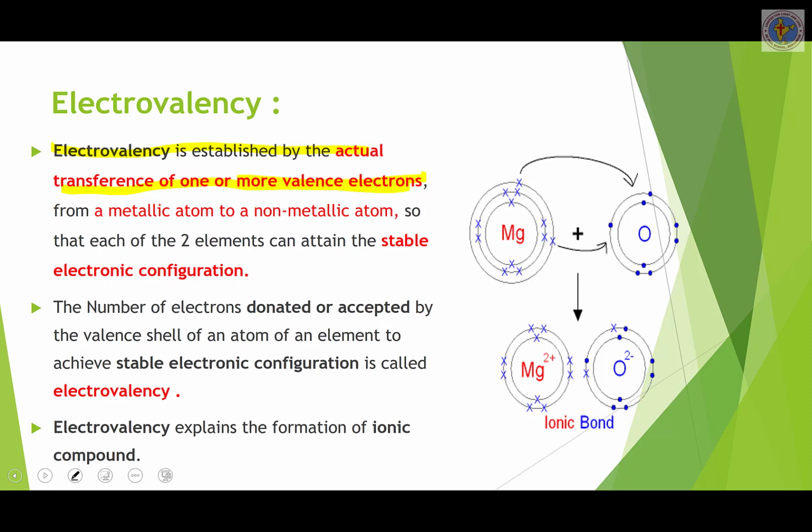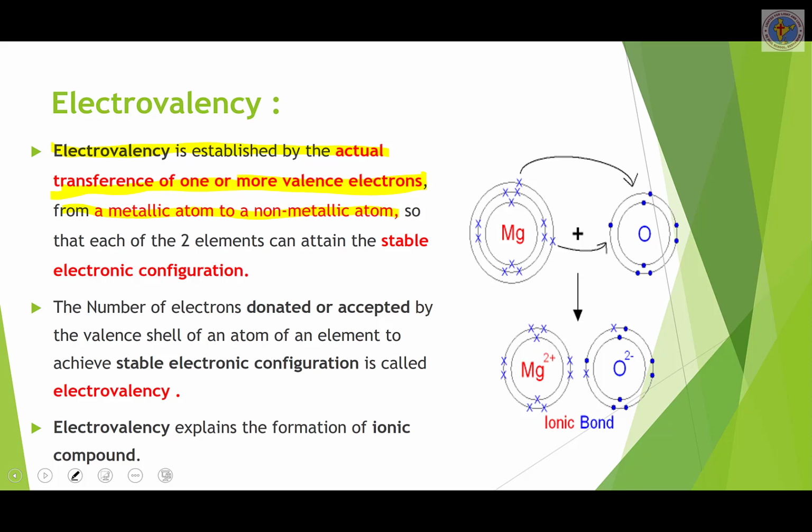Yes, electrons are lost from the outermost shell of the atom. Yes or no? So it is written that electrovalency is established by the actual transference of one or more valence electrons from a metallic atom to a non-metallic atom. In case of a metallic atom, what happens, children?